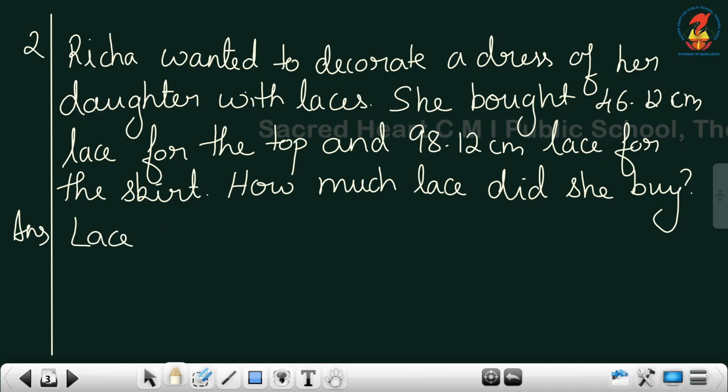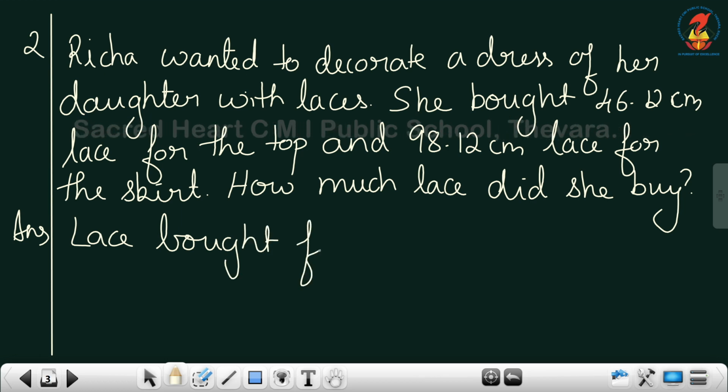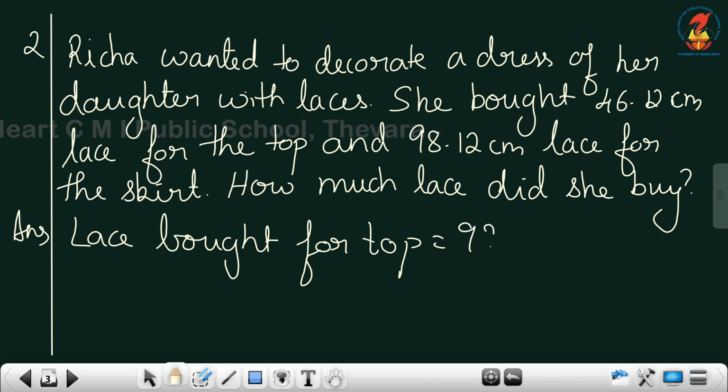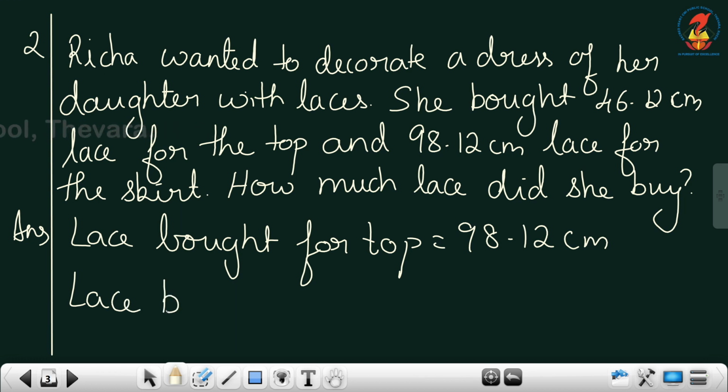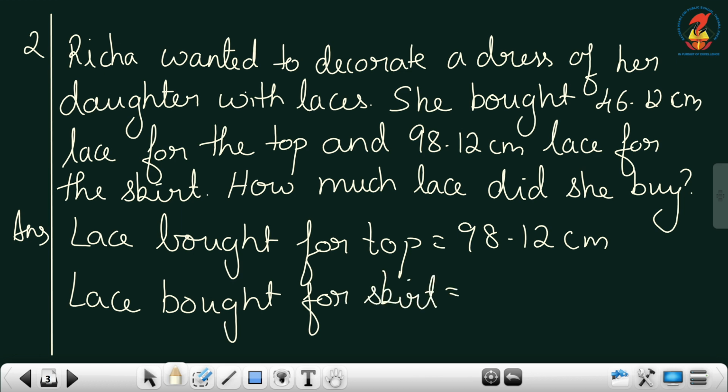First statement, lace bought for top, that is equal to 98.12 centimeter. Lace bought for skirt, that is equal to, that's a mistake over there, for the top.